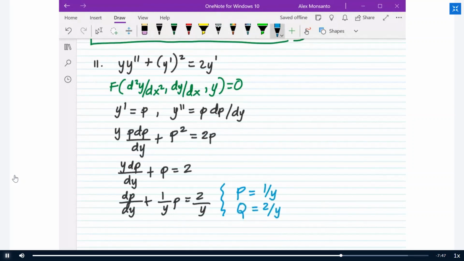Therefore, pag kinuha mo yung integrating factor niyan, I can have e raised to integral of P dy, then integral of dy over y. So I can have e raised to ln of y, then cancel out, magiging y. Ito yung magiging integrating factor natin, yung y.